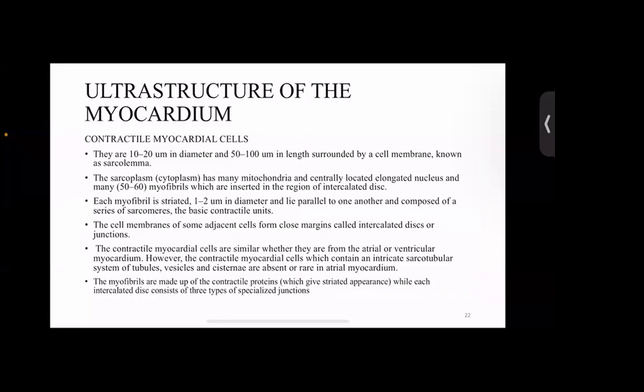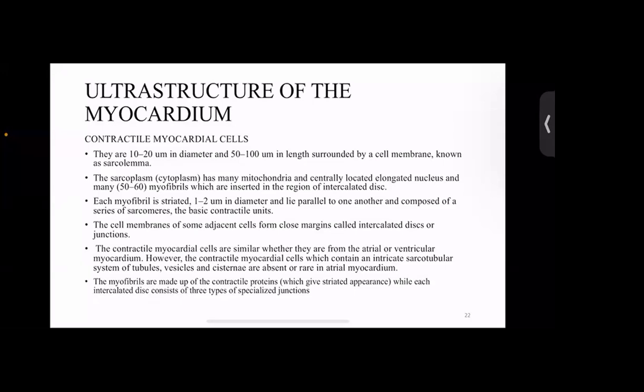So the myocardium has contractile cells, and they're about 10 to 20 micrometers in diameter and 50 to 100 micrometers in length, surrounded by a cell membrane known as the sarcolemma. The sarcoplasm has many mitochondria, a centrally located elongated nucleus, and many, up to 50 to 60, myofibrils, which are actually inserted in the region of the intercalated discs.